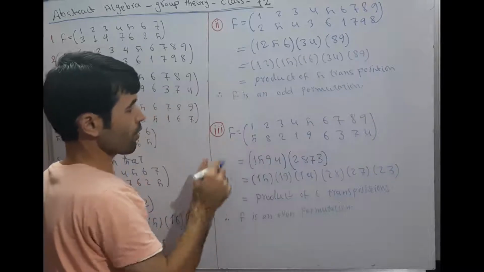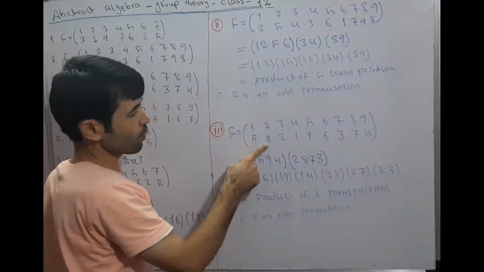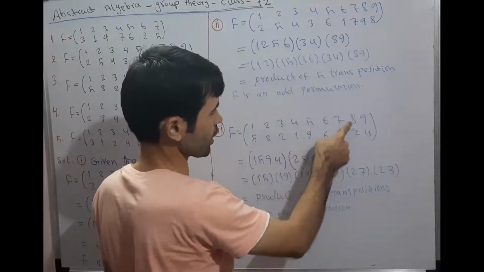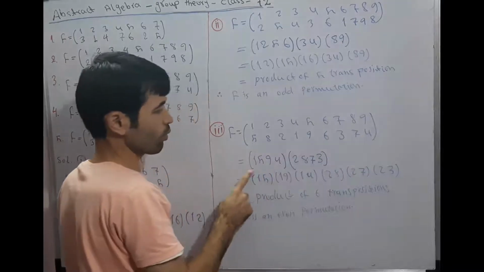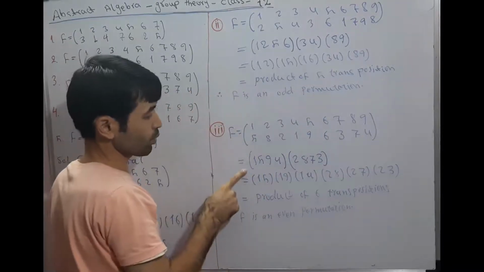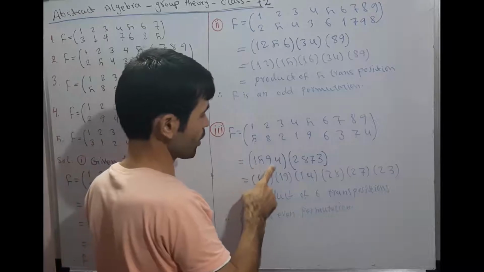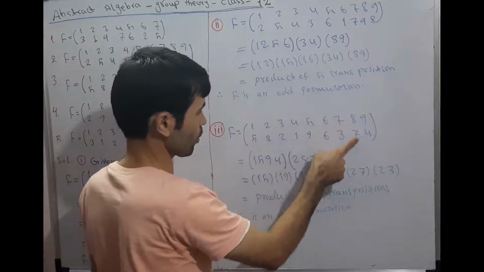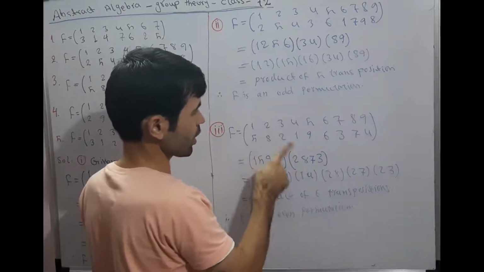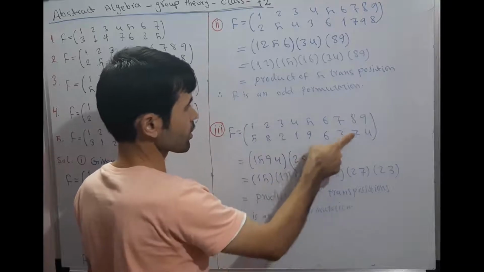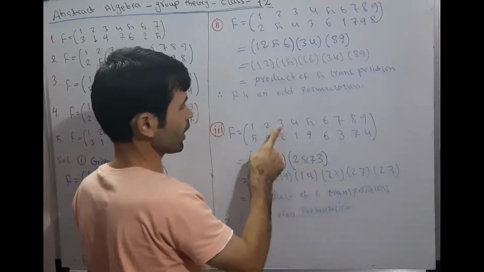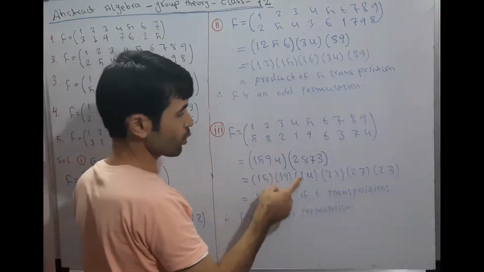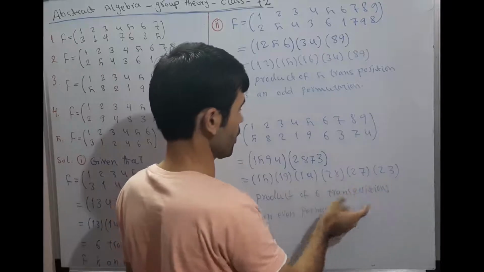Here we have another example, f is a permutation of nine elements. We solve it the same way as example 2, writing it as a product of cycles and then transpositions. It is equal to (1 5)(1 9)(1 4)(2 8)(2 7)(2 3).